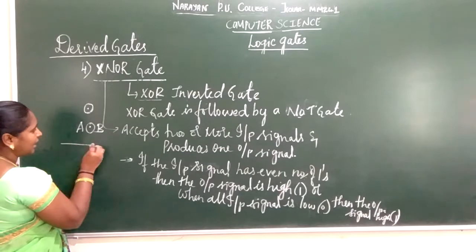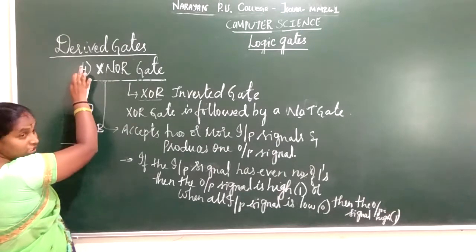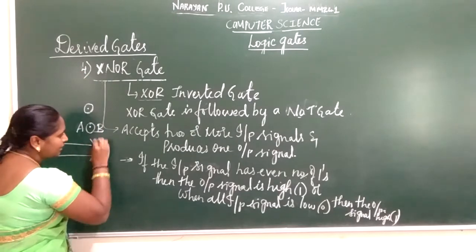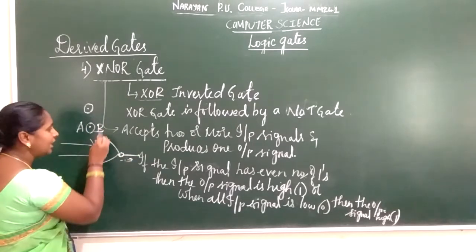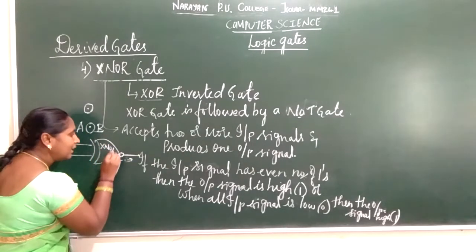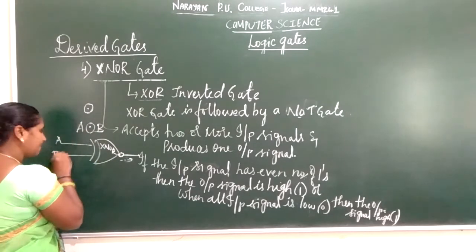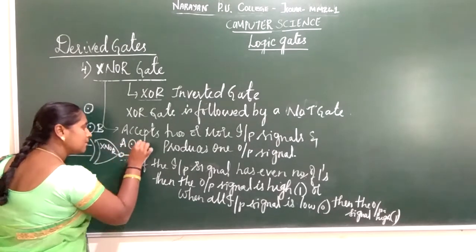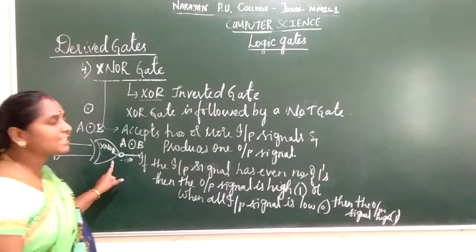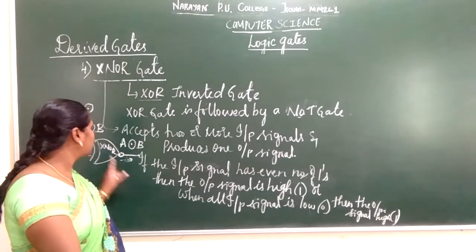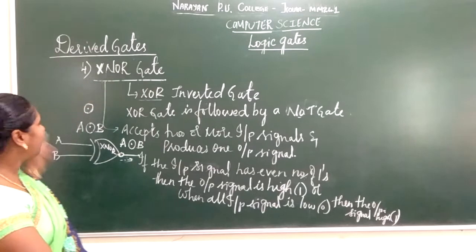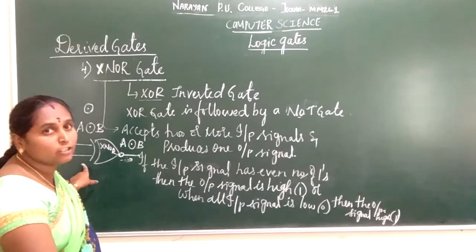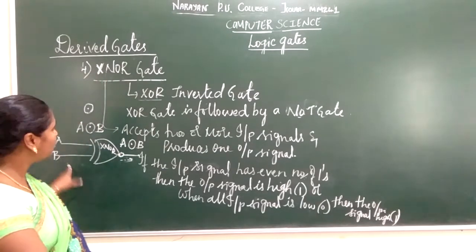The logic diagram used for the XNOR is similar to your XOR gate, with a small bubble at the end, which indicates this is your XNOR gate. So this is the symbol and the logic diagram used to represent the XNOR gate for two input signals.